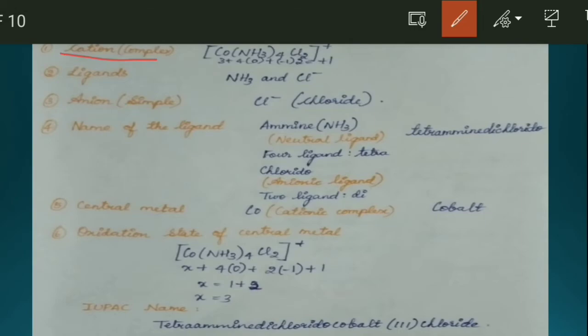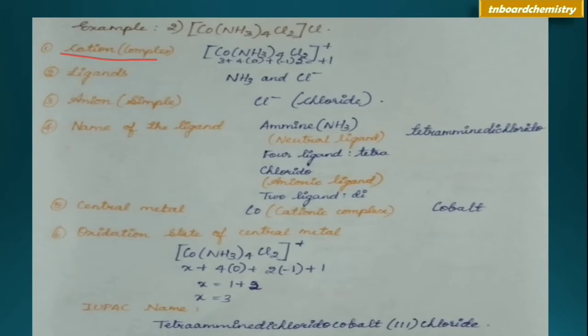Here the cation is the complex, and the anion is, see, I have written the anion after the ligands. No problem. Wherever we write it, that is not a big problem. So here the cation is the complex.